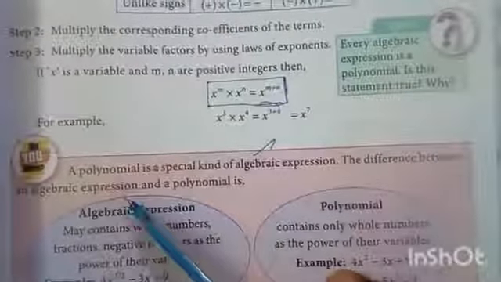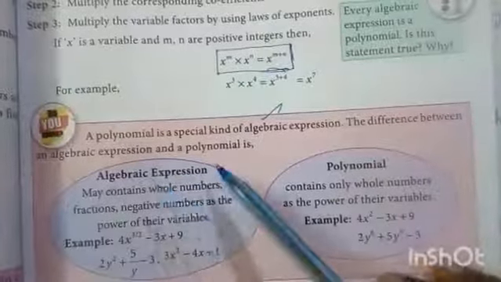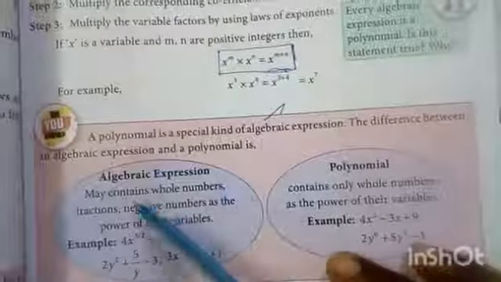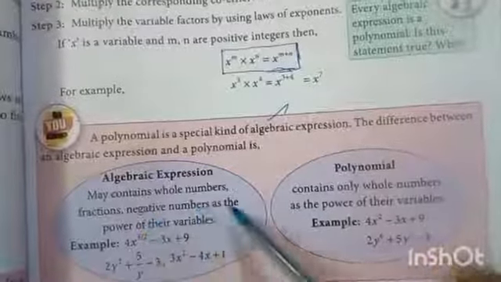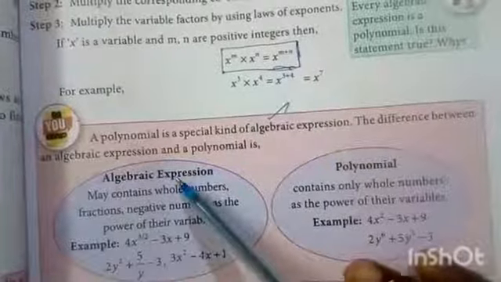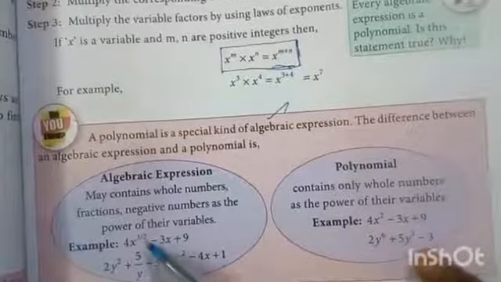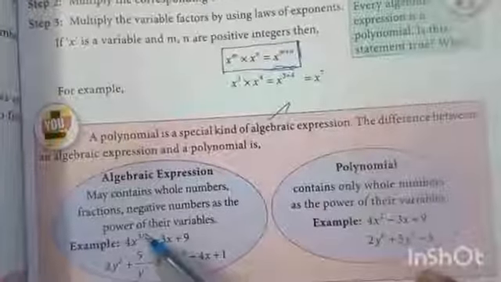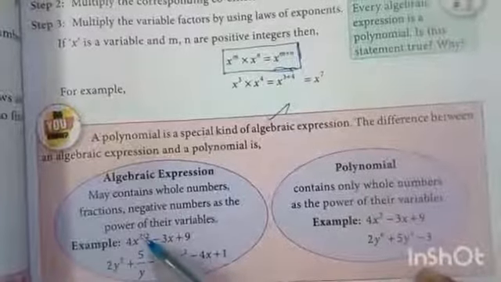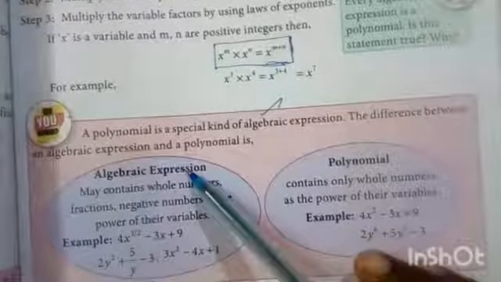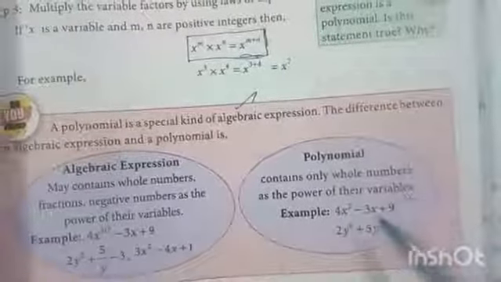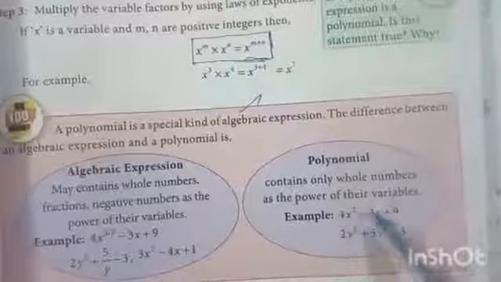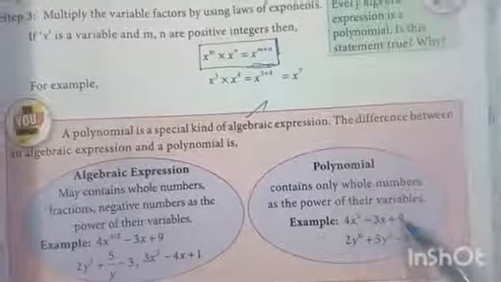In an algebraic expression, the powers may be whole numbers, fractions or negative numbers, positive numbers, negative numbers, fractions, all of these. But a polynomial contains only whole numbers as the power of its variable. That is, you have to check that the powers are only positive whole numbers.